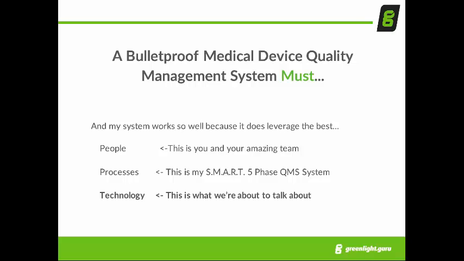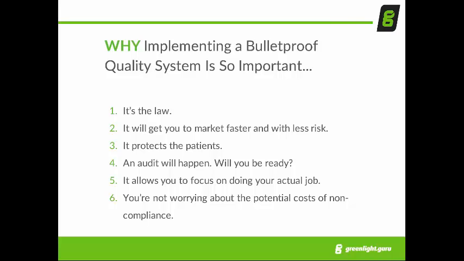Process, that's another key component of establishing a bulletproof quality system. Things like being aware 13485 is changing, and understanding that you need to have a smart methodology in place in order to identify the impact and the gaps of those changes and how that's going to affect your company. And then technology, this is what I'm about to dive into. This is where Greenlight helps you as part of that three-prong approach.